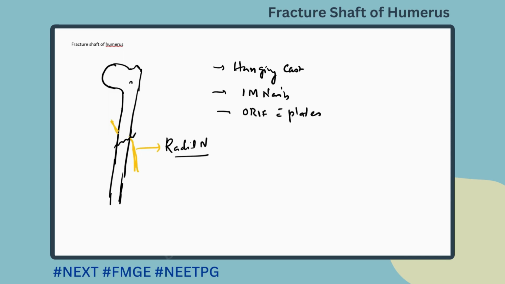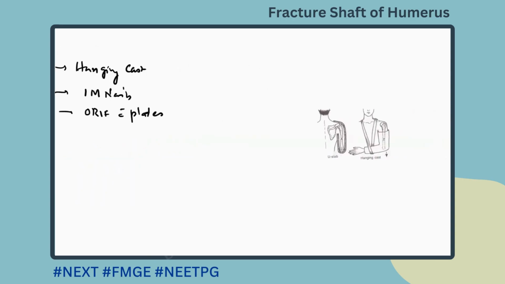So these are various methods to treat humeral fracture. Humeral shaft fracture is very simple. The nerve commonly injured is the radial nerve. And how can you treat it? You can treat it using a hanging cast, intramedullary nails, or plates.